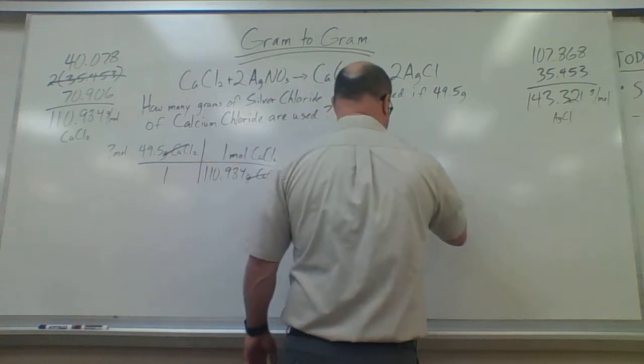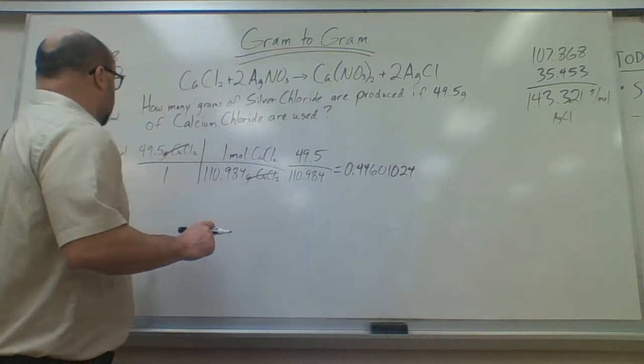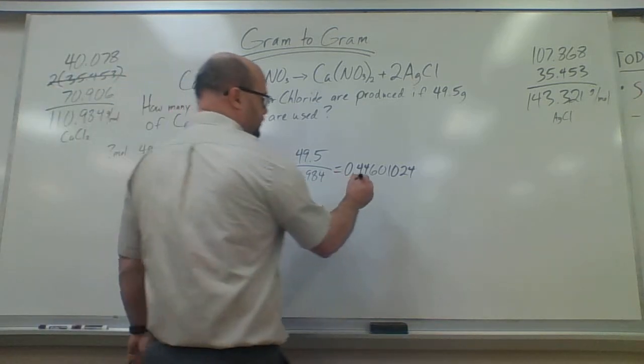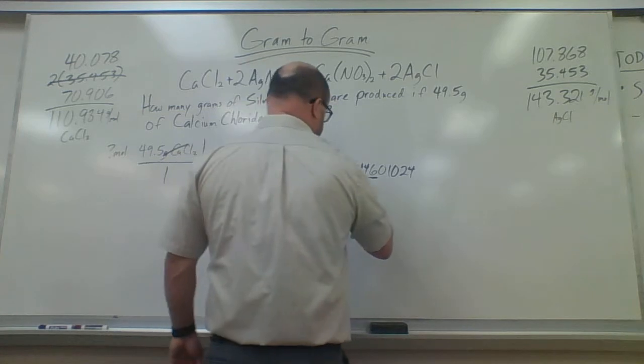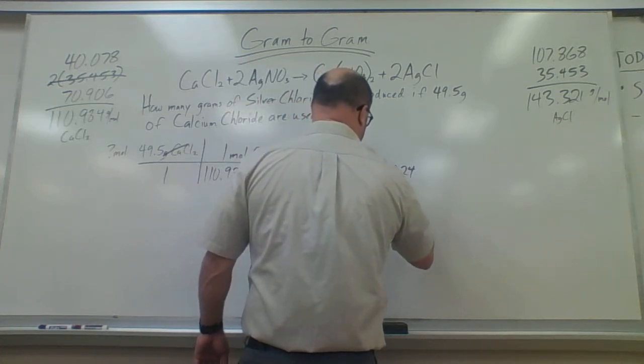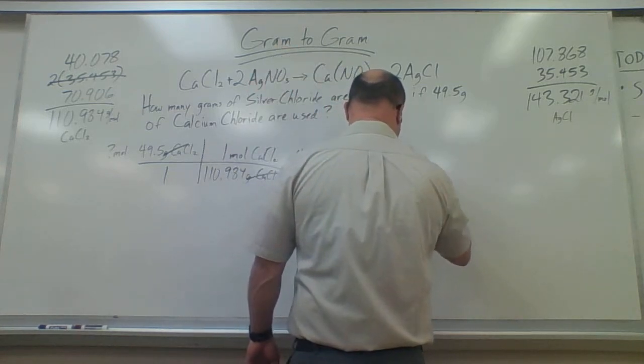And since it's a mass, we're going to keep 3 decimal points at this point. So we're going to round it to 0.446 moles of CaCl2.